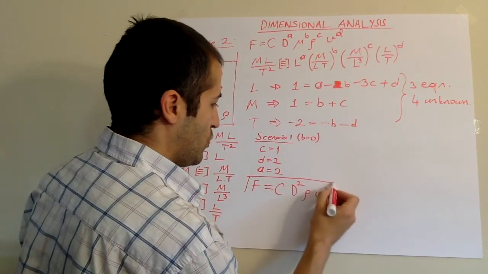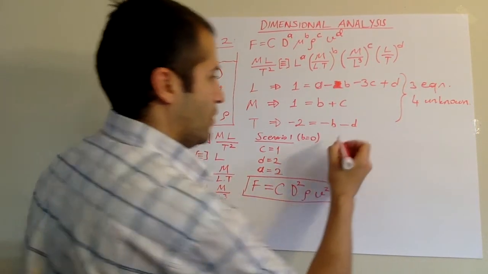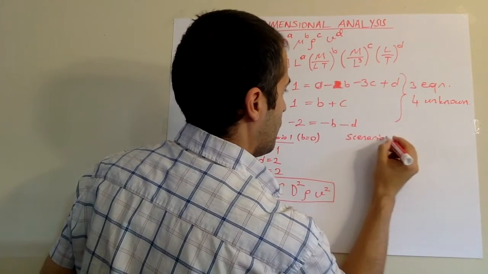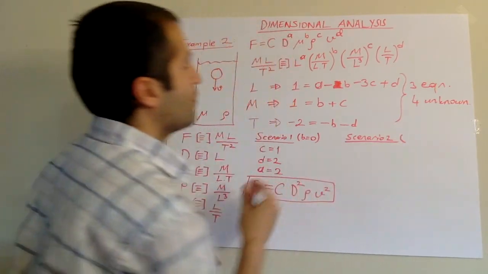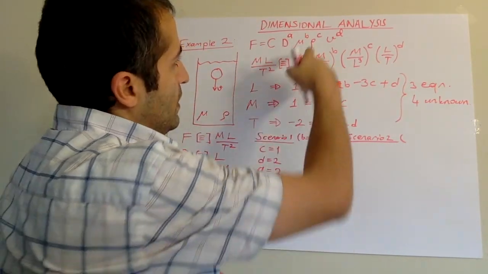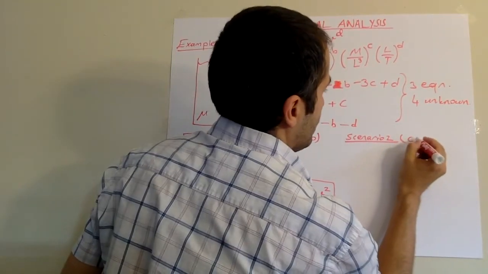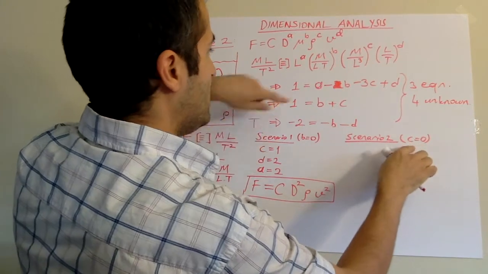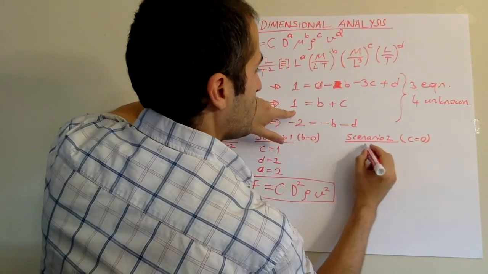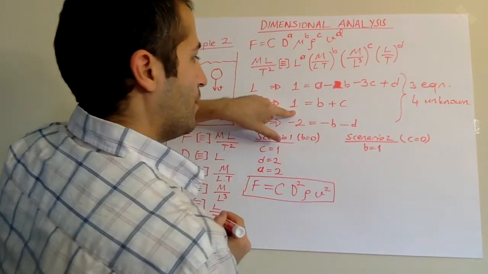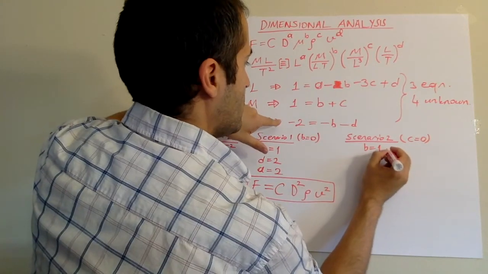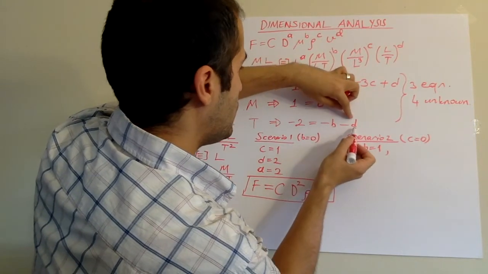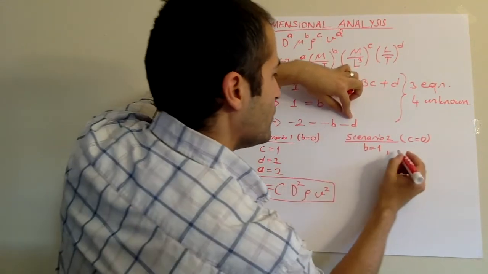So I can have this formula, or scenario 2. Let's take c is equal to 0 and omit the density term. If we take c is equal to 0, then b is equal to 1. And what else? If b is equal to 1, d is equal to also 1.